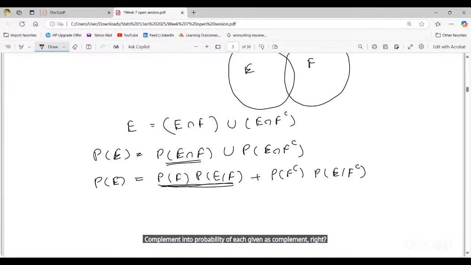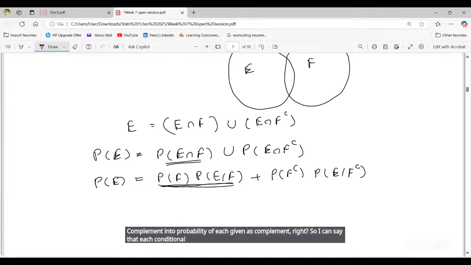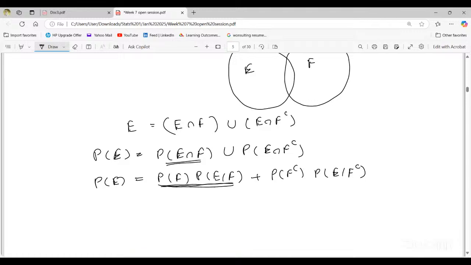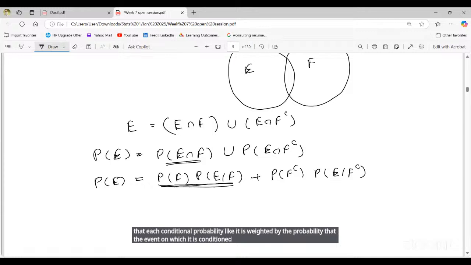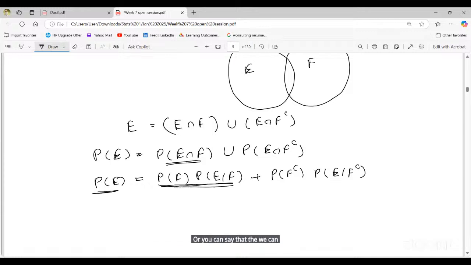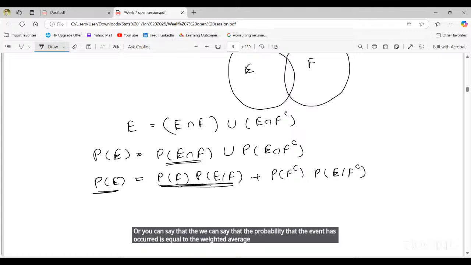So each conditional probability is weighted by the probability of the event on which it is conditioned. Or we can say that the probability that the event E has occurred is equal to the weighted average of the conditional probability of E when F occurs, and the conditional probability when F does not occur.